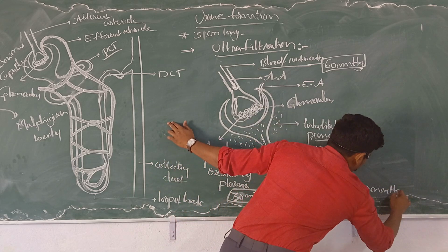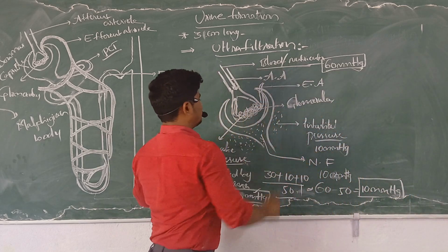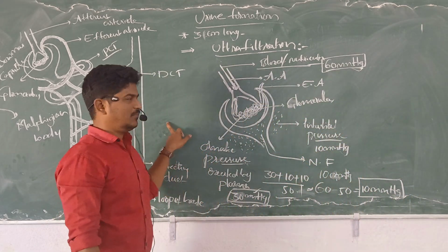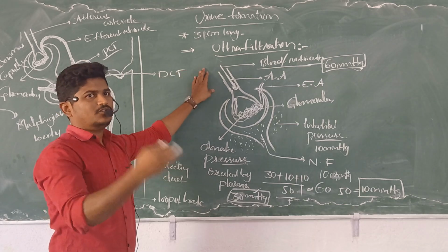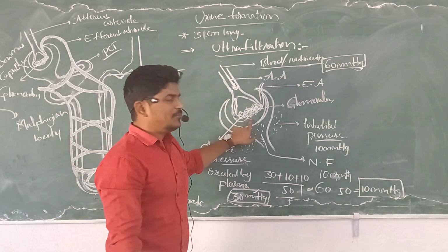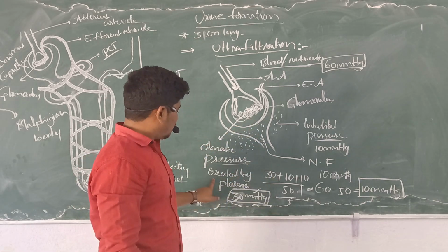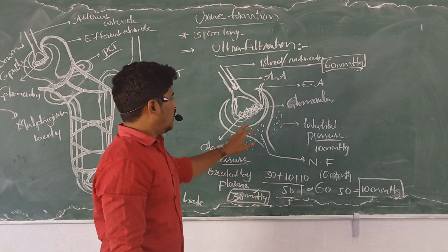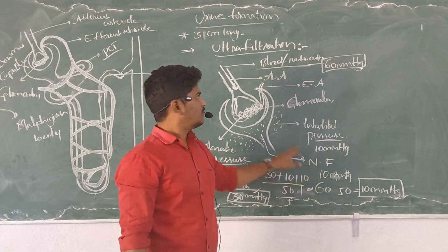With that 10 mm Hg, the blood enters into the glomerulus. That is the thing we have to remember. The effective pressure is 10 mm Hg, because this 50 mm Hg is contributed by the osmotic pressure, the interstitial pressure and the nephric filtrate.